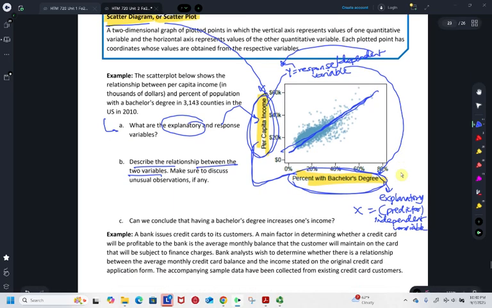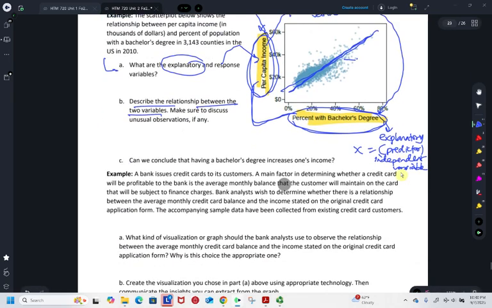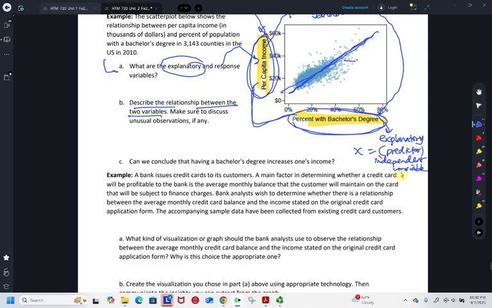Well, in terms of the different characteristics, I can see a positive direction, linear form, and I can see that most of the points are clustered together. So I can say moderately strong.